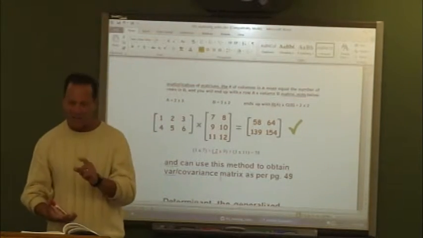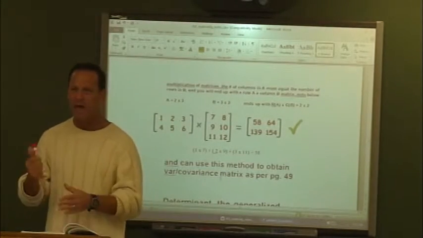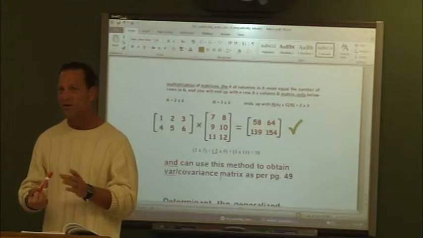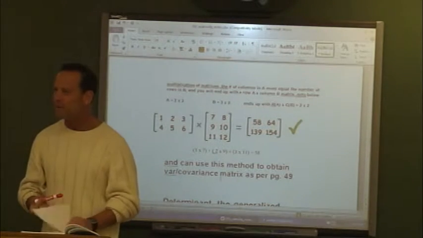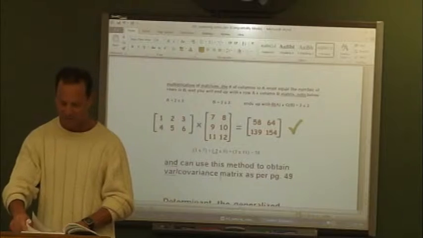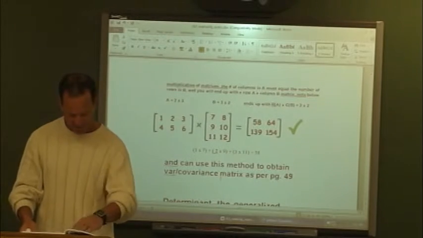Now, multiplication. I'm not going to give you adding and subtracting on the test because it's too easy. Multiplication will be easy, but it's a little more challenging. Multiplication of matrices.